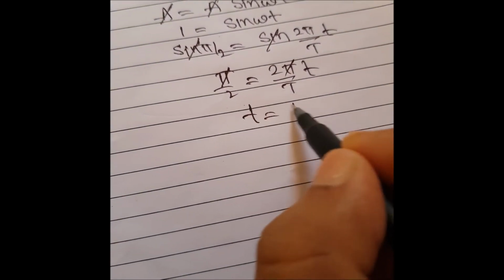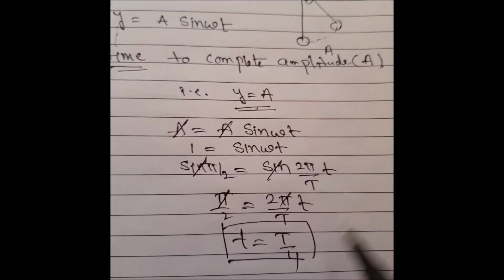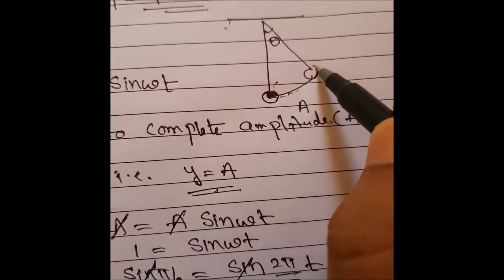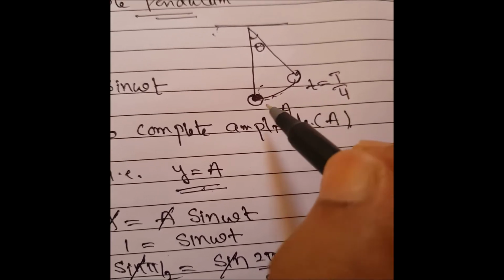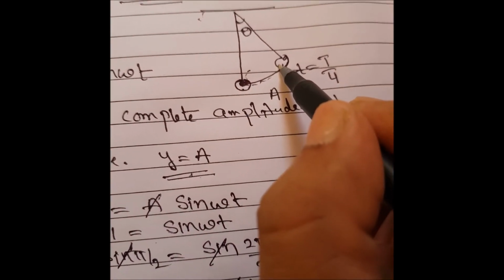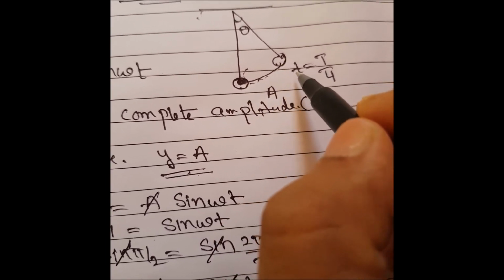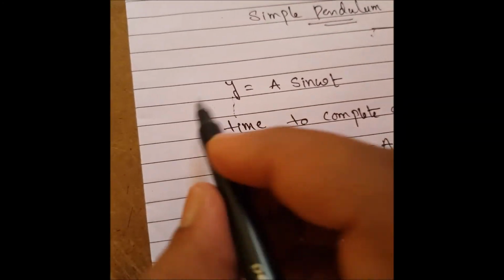Then time t equals T by 4. So the time required to travel from the mean point to the extreme point is T by 4. This is case 1.